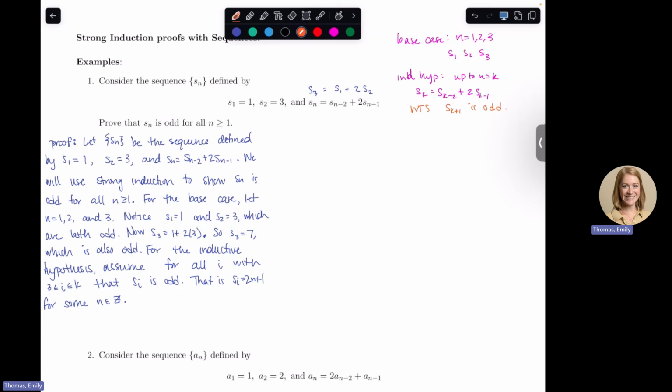Well, we're going to consider S sub K plus 1. What do we know that S sub K plus 1 equals? S sub K minus 1 plus 2 S sub K. We're doing that up here.